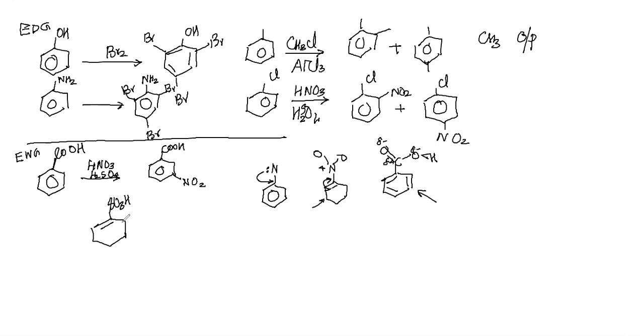Again the same way. Draw the complete structure: S double bond O, double bond O, OH. See that? Delta plus, so meta directing. So ortho-para directing and meta directing groups.